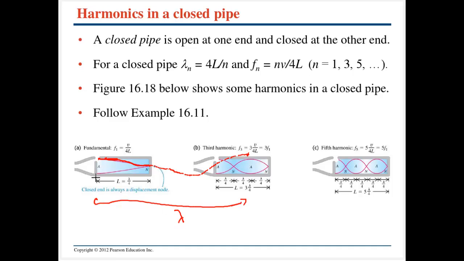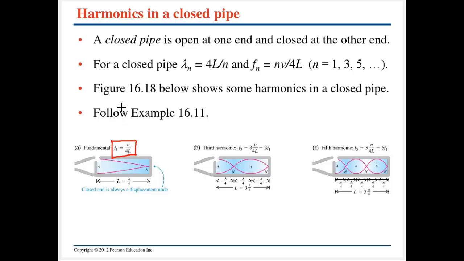This little tiny piece of this wavelength is simply this little tiny piece of the tube here. The length is going to be 1/4 of the full wavelength. We can relate that to frequency much like we did on the last slide, and we can say that the frequency is going to be related to the speed of sound divided by 4 times the length of the tube.